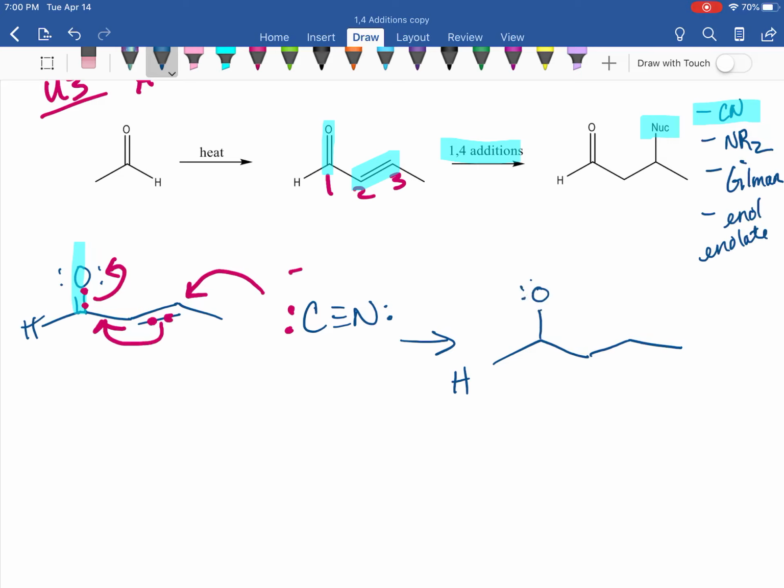What did we just make? All right, we've got our oxygen still here. Now it's a negative. Our double bond is now here, and we just formed a bond here to cyanide. Okay. All right, now what do you do with this enolate? Well, typically in these solutions, you have something in there.